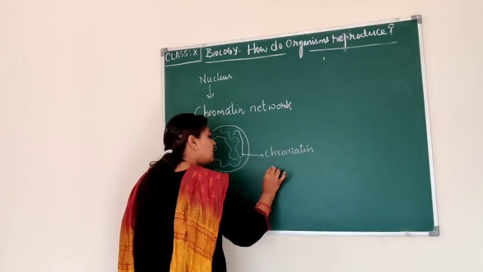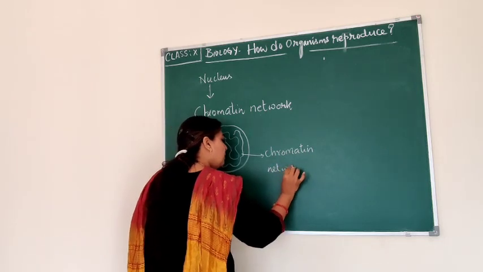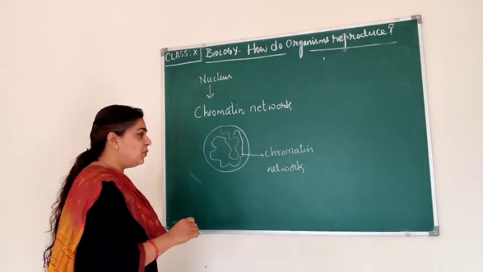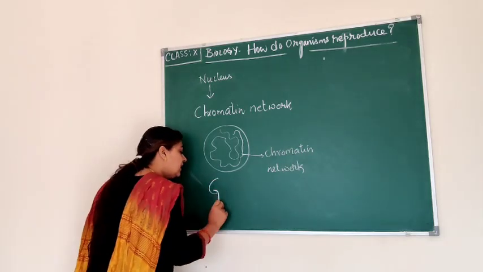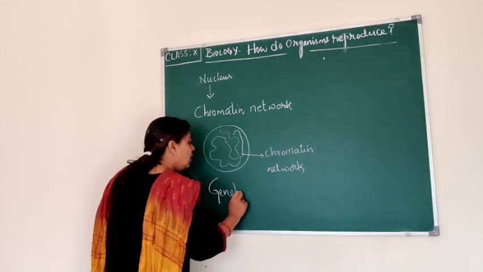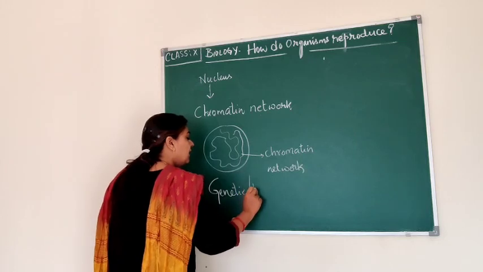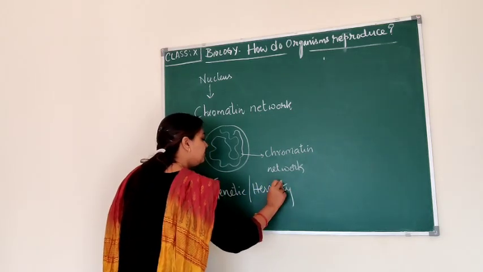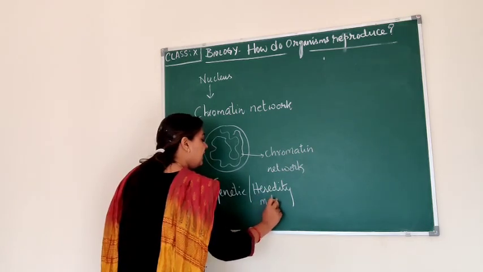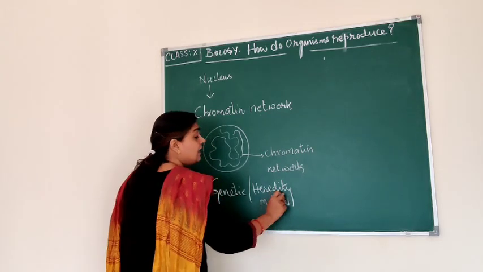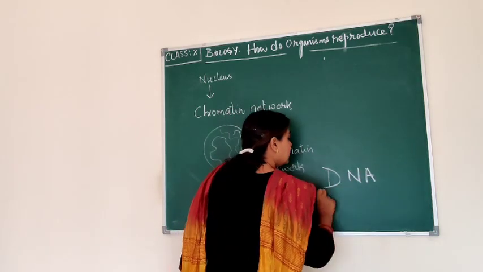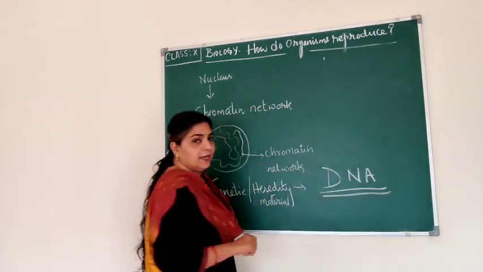So what is this chromatin network composed of? The chromatin network is composed of the genetic material, or we say the hereditary material, called DNA.